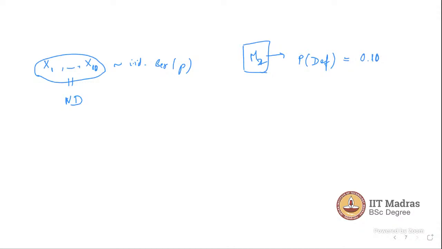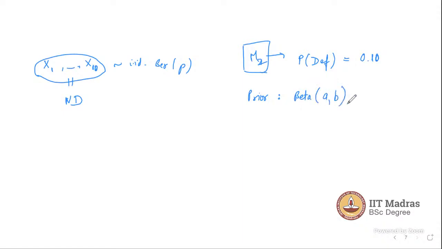Now, how will you estimate this fraction? What has been done in the problem is that, from my prior knowledge, I know that this fraction models the beta distribution with parameters A and B.